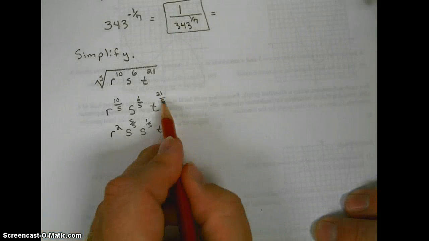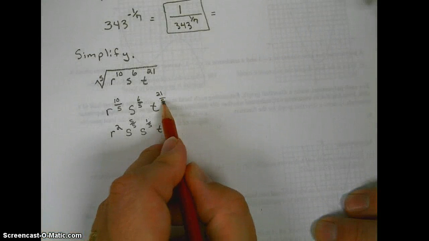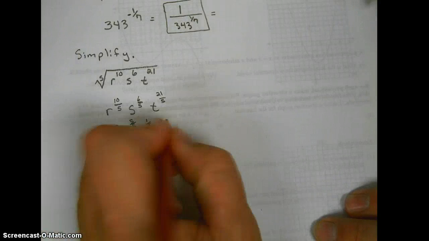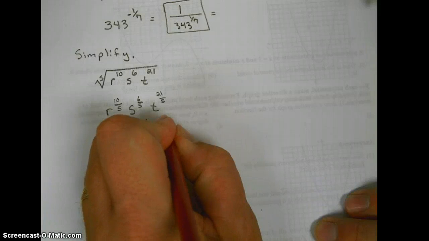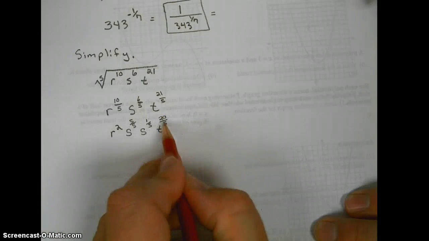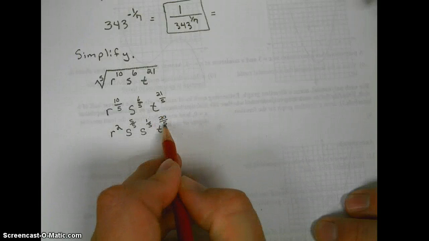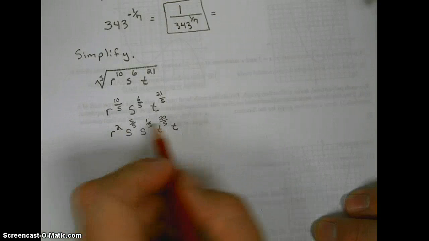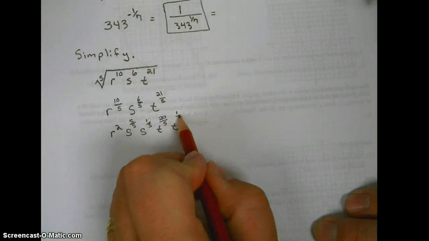Well, we could take 5/5. We can do 10/5. We can do 15/5. We can do 20/5. So we can take 20/5 because that gives us a whole number. 20 divided by 5 is 4. And then what do we have left over? That's right, we have 1/5 left over.